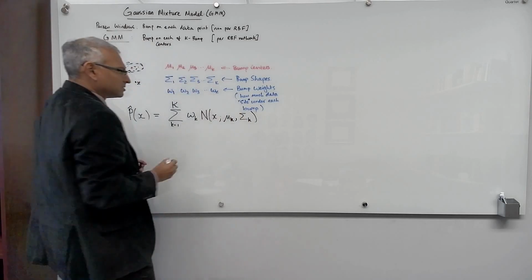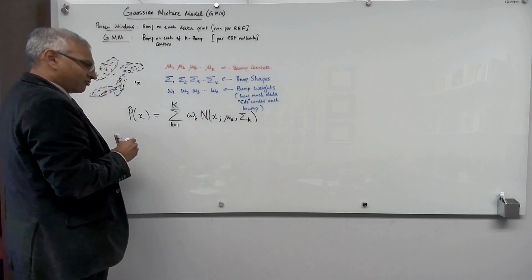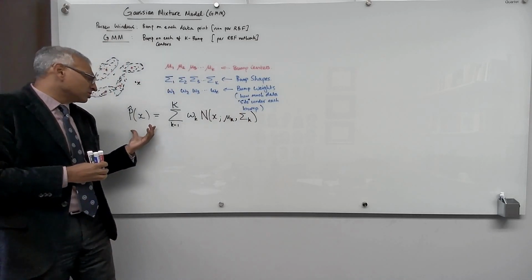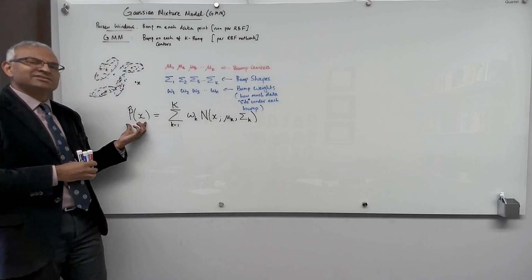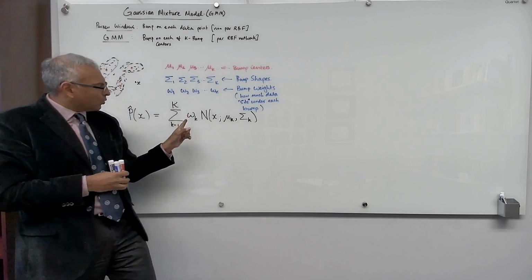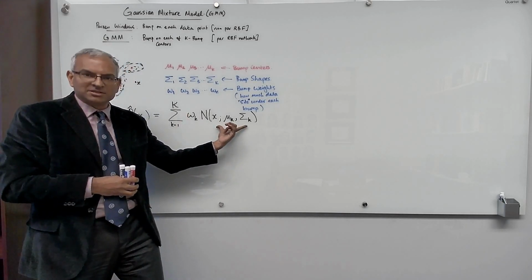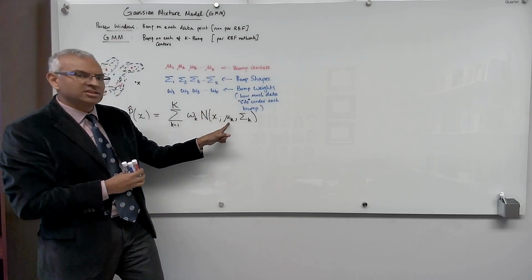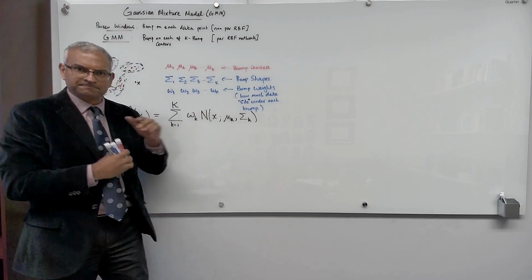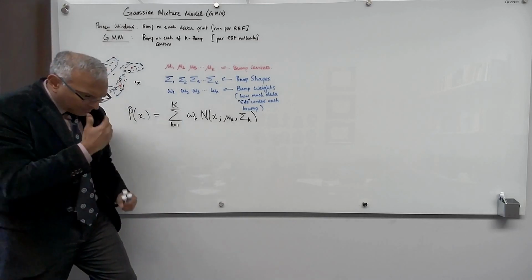You can think of this as a general formula that computes a probability density as what's called a weighted mixture of bump densities, where in our case the bump densities depend on the center and the shape of the bump.